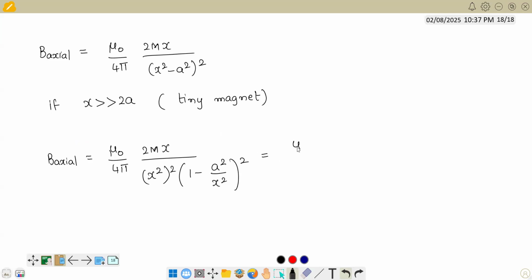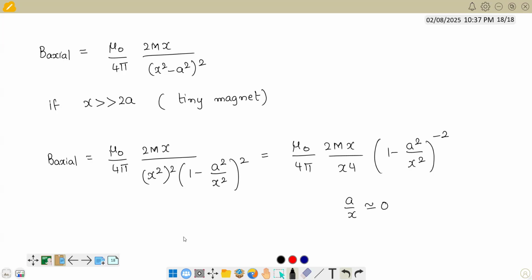So you will get mu naught by 4 pi 2Mx divided by x power 4 into 1 minus a square by x square whole power minus 2. And we can assume a by x as approximately equal to 0, because if x is very much greater than a, you can just take this entire a by x approximately equal to 0.